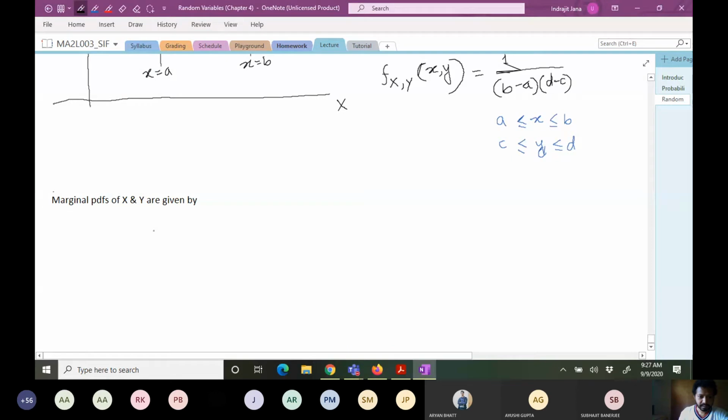So fX(x) is going to be the integration of the joint PDF fxy, but over the other variable, which is y.